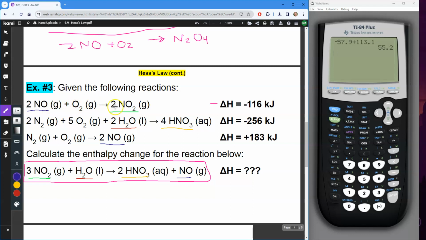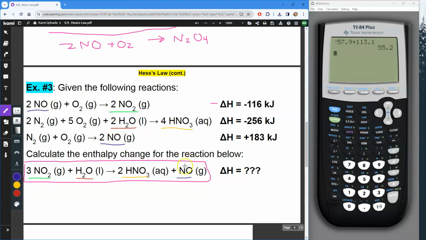If I flip the first reaction, nitrogen monoxide will be on the product side, and we're going to have nitrogen monoxide on the product side in both cases, the first and the third reaction. They're not going to cancel.